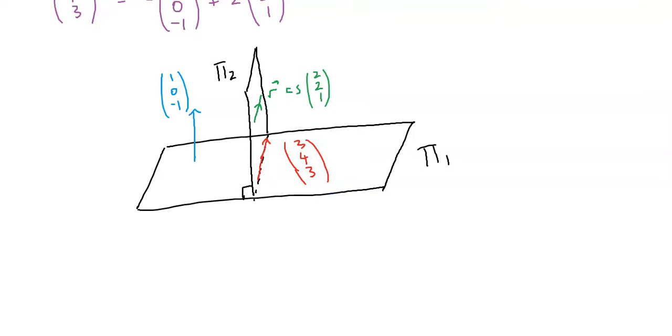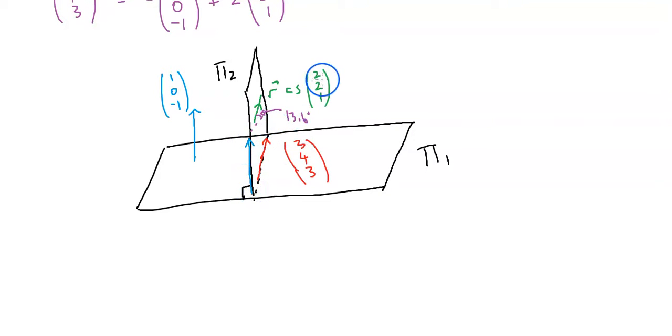And from here, everything becomes pretty easy to see, because we observe that this green vector (2, 2, 1) is not parallel to this red vector (3, 4, 3). There's an angle here, theta, which I believe we figured out before was 13.6 degrees. And so from there, we can move this blue vector over to here, no problem.